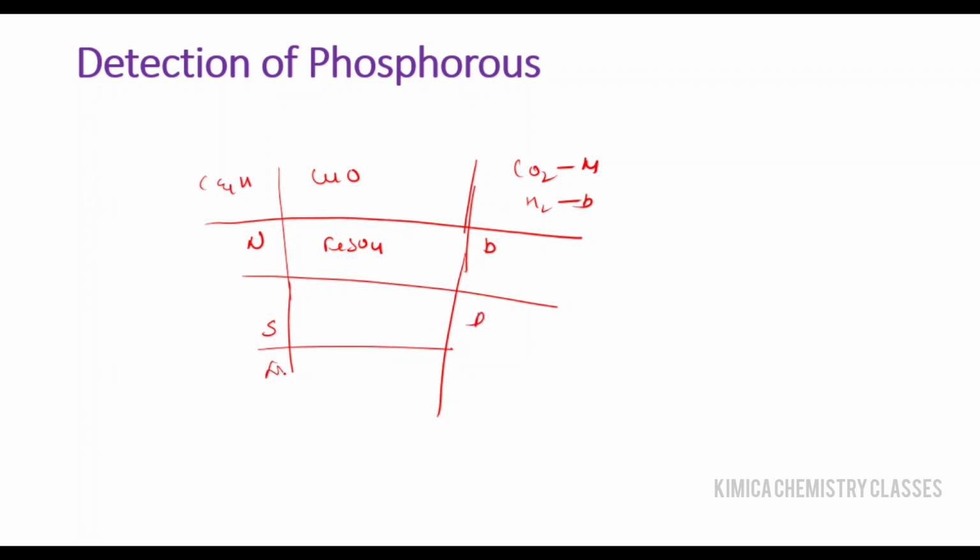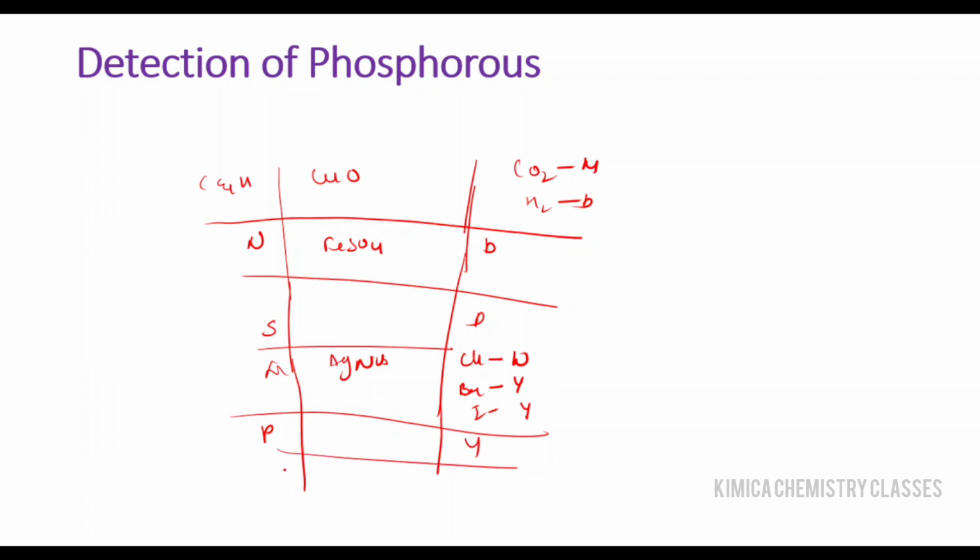Next is halogen, Lassaigne extract with AgNO3 gives AgCl white, AgBr pale yellow, or AgI yellow. Phosphorus, sodium peroxide fusion with ammonium molybdate, yellow precipitate. And last we are considering oxygen: no direct simple test.